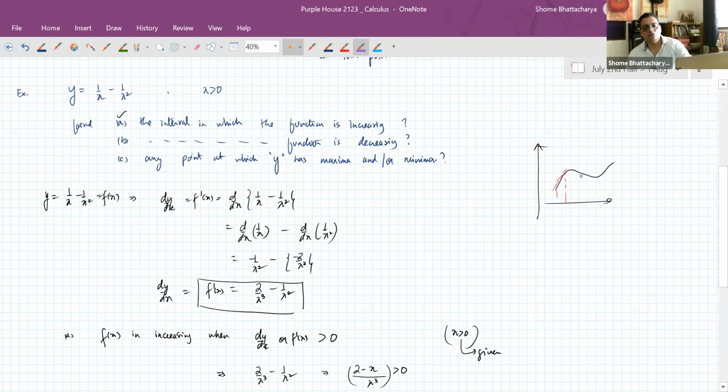Whereas at other values of x, if the slope of tangent is negative, the graph is coming down. So at any point where the function is increasing with respect to x, its tangent has a positive slope, and vice versa. At any point where the function is decreasing, its tangent is a straight line with a negative slope. Slope of tangent is nothing but the value of dy by dx. That is how we get this idea.